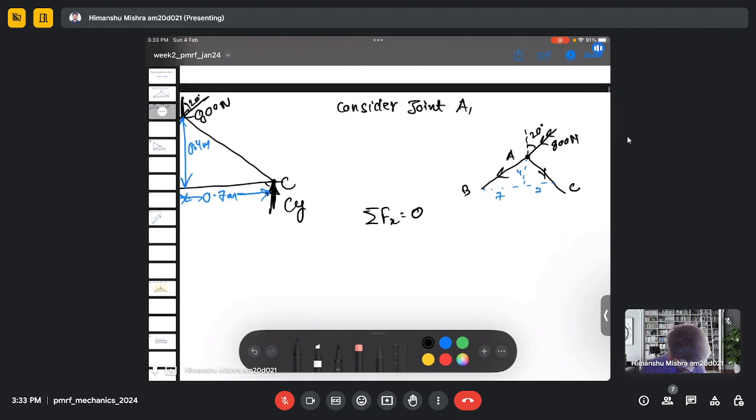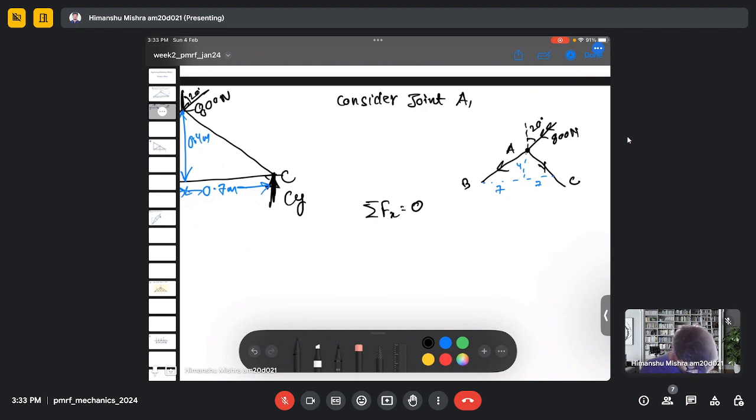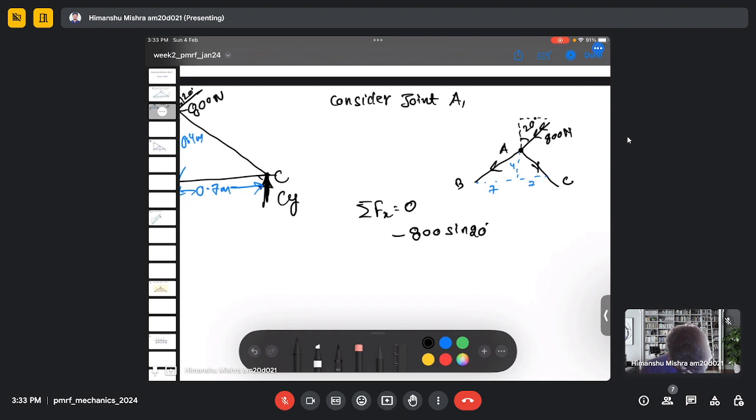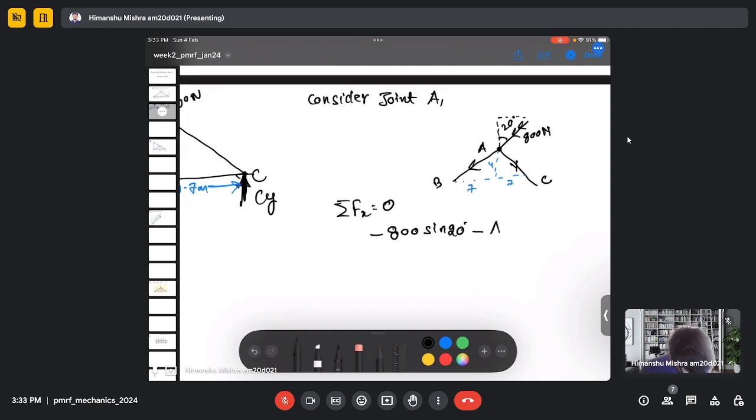So here we will get minus 800 sine 20 minus AB, and we need to find it in the horizontal direction.